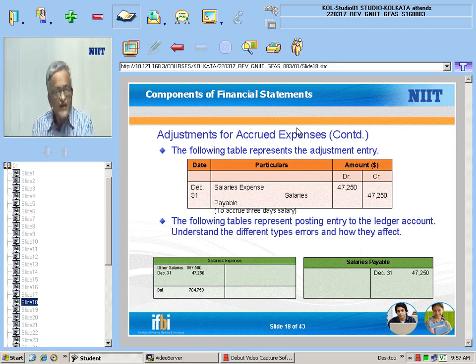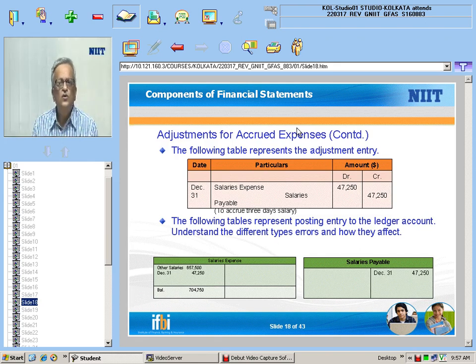So next Friday, which is the payment date, that is 2nd of January, this 47,250 will be debited along with any excess amount for the next 2 days. That also will be debited and payment will be made to the staff.